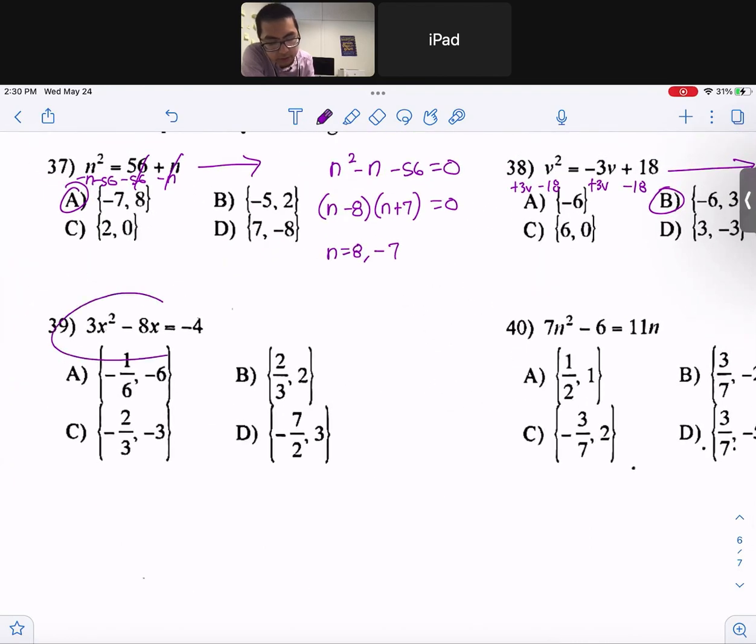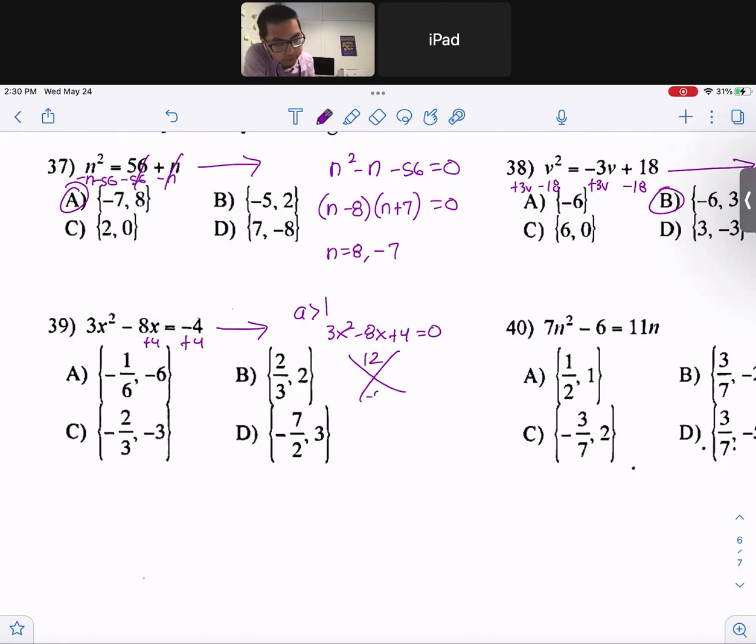Number 39, again, we have quadratics, so we're going to set it equal to 0. 3x squared minus 8x plus 4 equals 0. Now, a is not greater than 0, it's greater than 1. So this is going to be x method and grouping. 3 times 4 is 12.